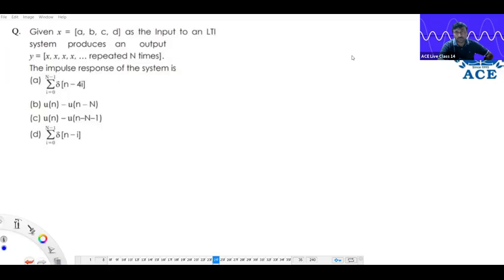So the choice is between A and D, but the input length is how many samples? Set of ABCD means 4 samples. So the first option is correct.